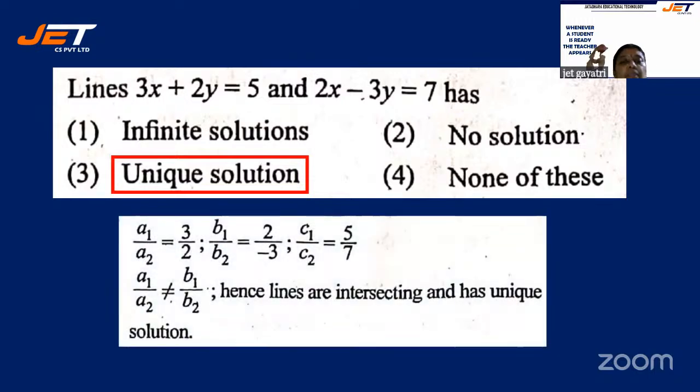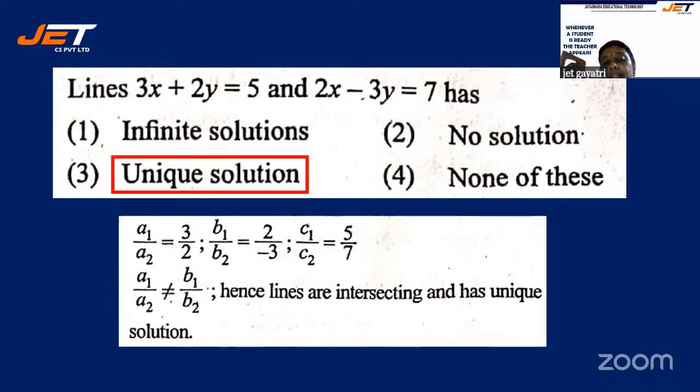Because we can just write it down like a1 by a2 is equal to... what is the coefficient of x? It is 3. See, this 3x plus 2y is equal to 5 is nothing but a1x plus b1y is equal to c1. Likewise, a2x plus b2y is equal to c2.